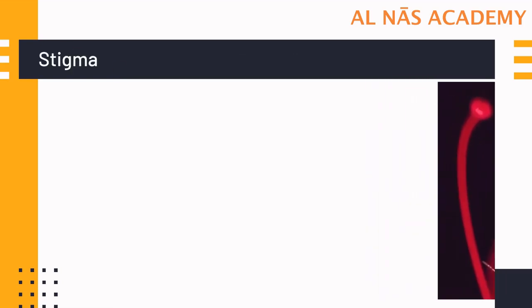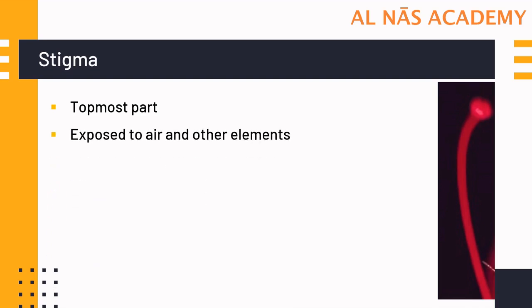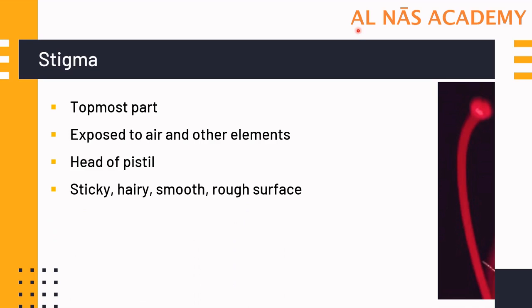Stigma can show a wide range of shapes from simple to lobed, feathery, funnel-shaped branched structure. It is the topmost part of the female reproductive unit of a flower, which remains exposed to the air and other elements. A stigma is commonly referred to as the head of the pistil. The surface of the stigma can be sticky, hairy, smooth, rough.